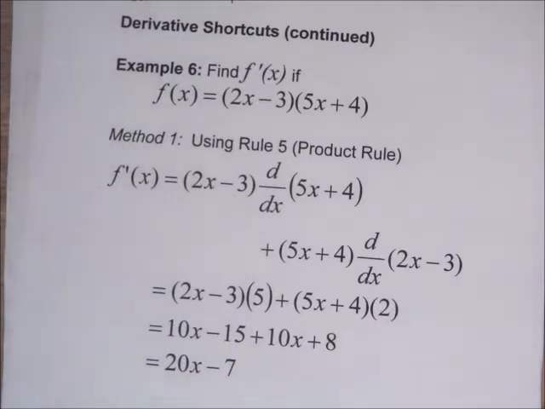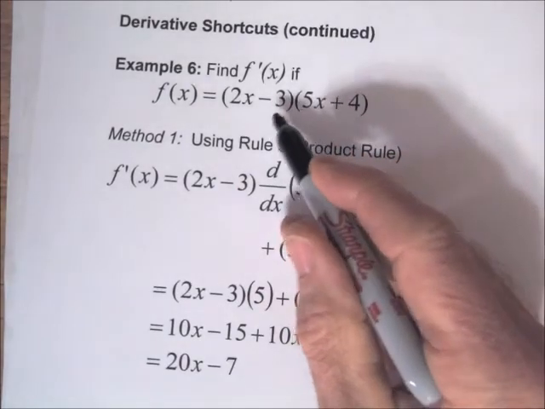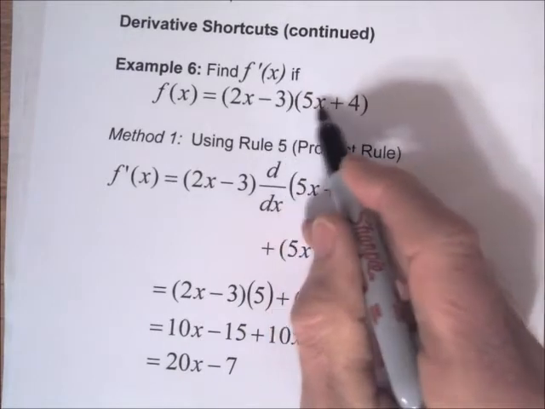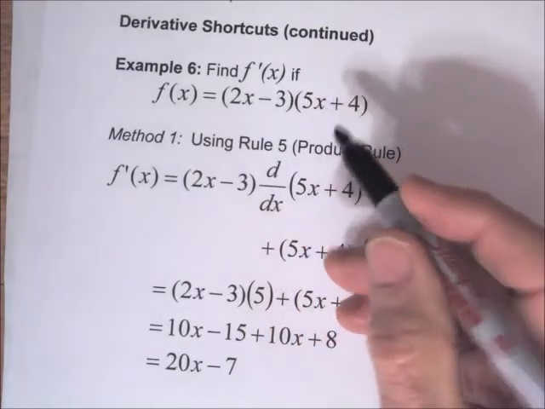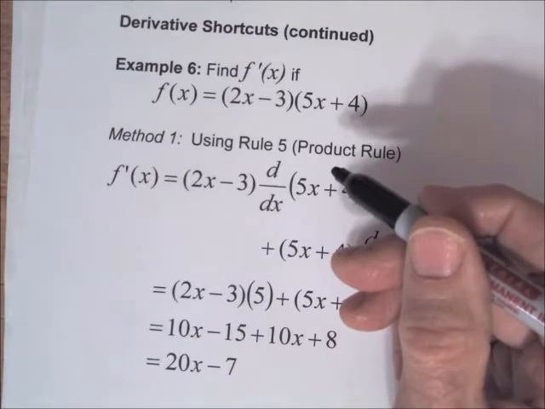Okay, so this one we can do a couple of different ways. This is actually a product, so we can use the product rule, or we could expand this, multiply these out, and then use the first 4 rules.